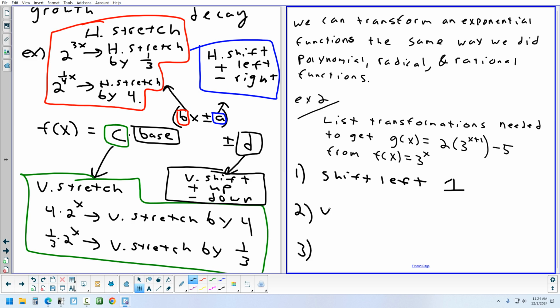Vertical is not backwards, so vertical stretch factor of 2. Okay, so we got C. Last spot, D. Is there a number in the spot for D? Yep. What's the number there? It's a -5, and that's going to do what? Yep, shift down 5.